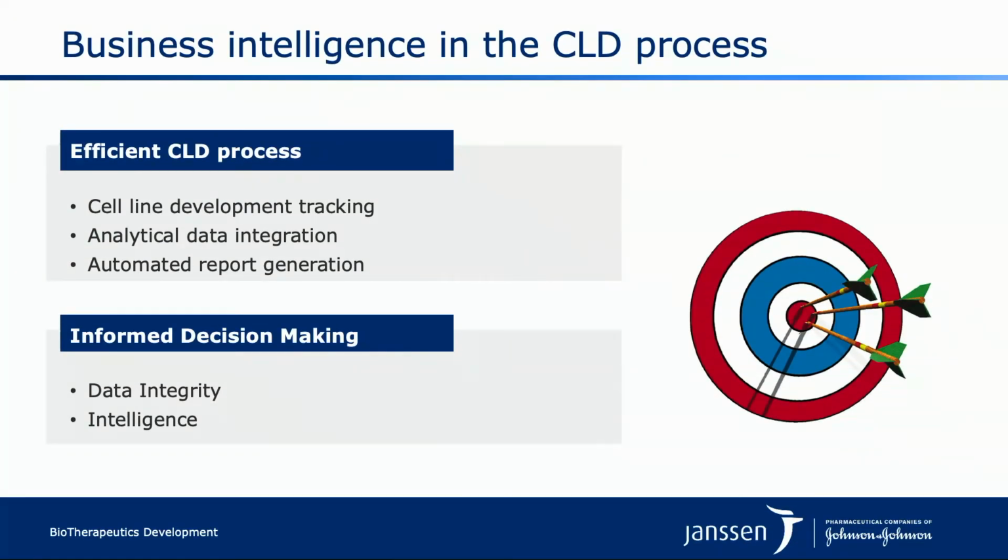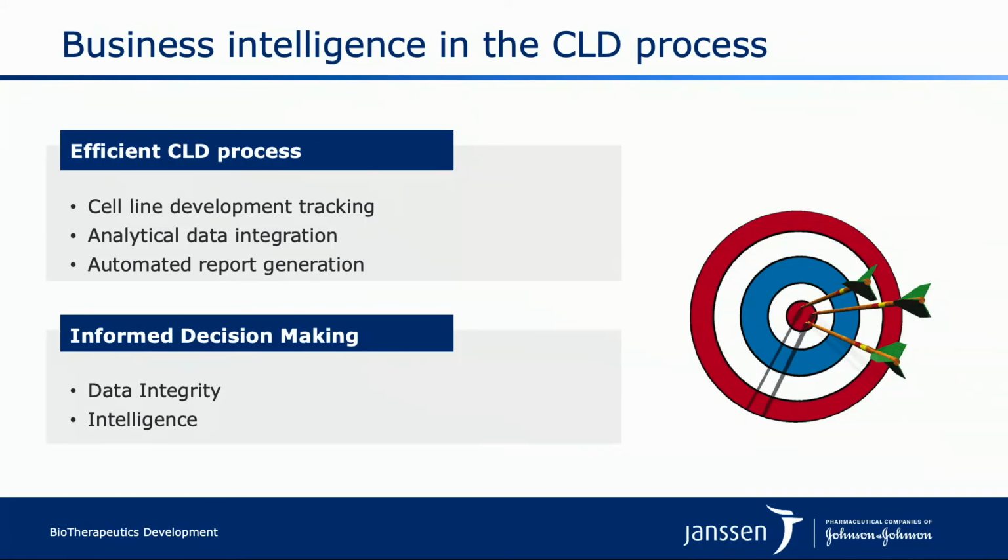With that, I think our ultimate goal is to build business intelligence in our cell line development process. Basically, it means a more efficient clone selection process, because we can track the cell line development, integrate all the data together, as well as generate reports automatically.